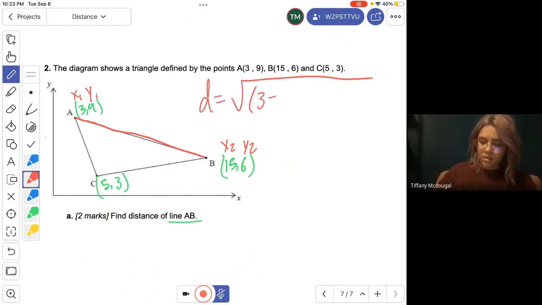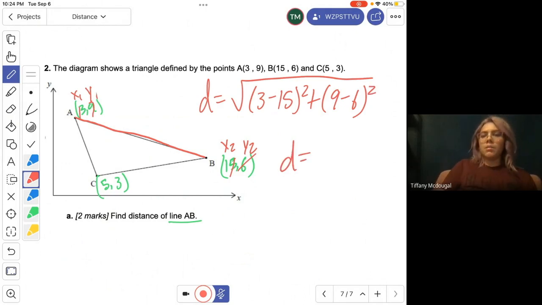x1 minus x2 squared plus y1 minus y2 squared. I'm going to take that and plug that into my calculator.